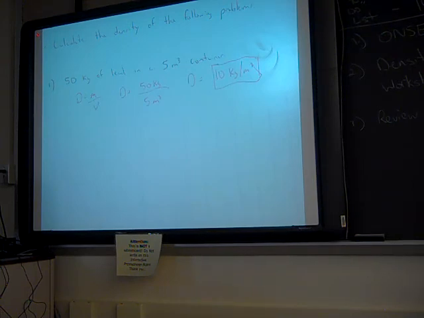Now, number 2. 28 milligrams of amoxicillin. Amoxicillin is an antibiotic. Okay, remember Fleming and his mold? It's dissolved in 4 milliliters of solution.